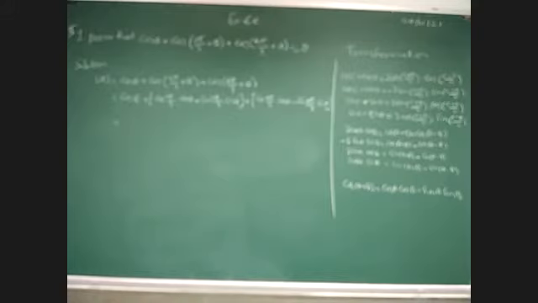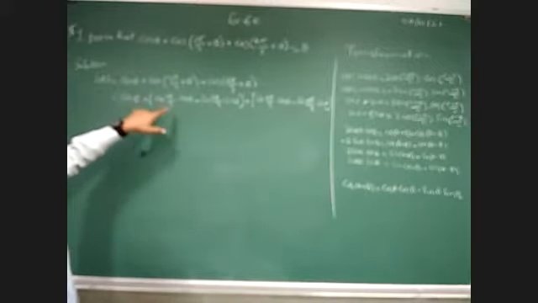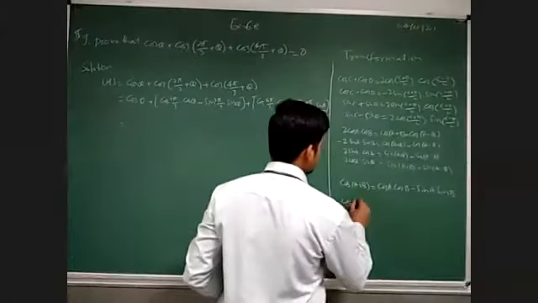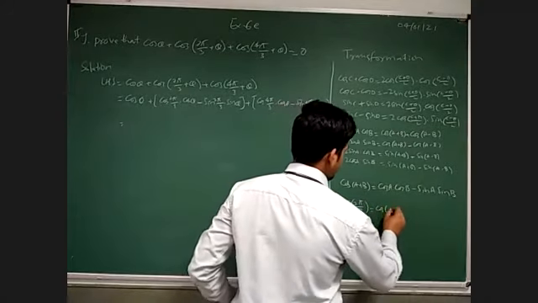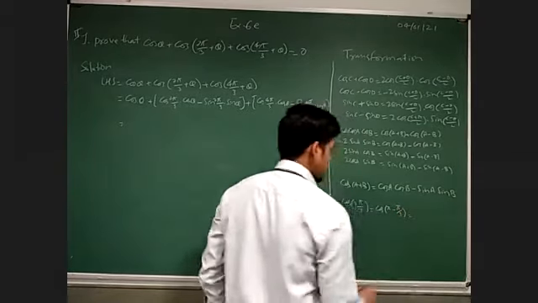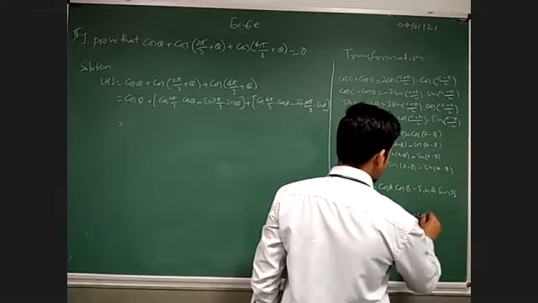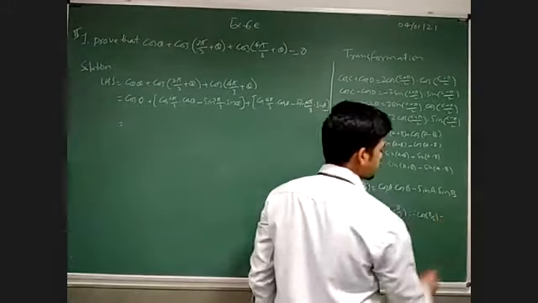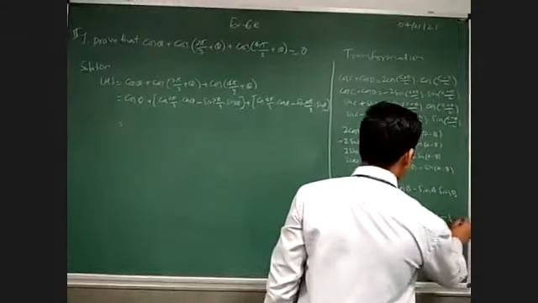So I am able to find cos 2 pi by 3. Cos 2 pi by 3 is nothing but cos(pi minus pi by 3). This is in the second quadrant, so it will be minus cos pi by 3, that is minus 1 by 2.